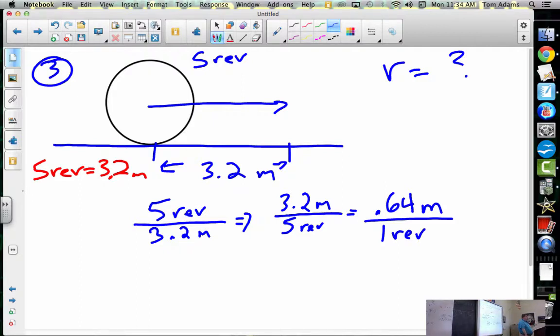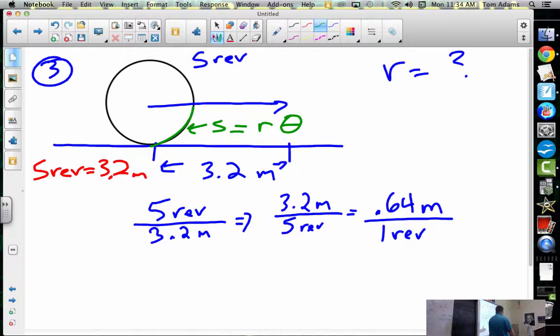So we're asked to find the radius. So we've got to figure out the relationship between the radius and this information. The one thing that I know is that as the wheel rotates, the relationship between the arc length S is radius times theta in radians.